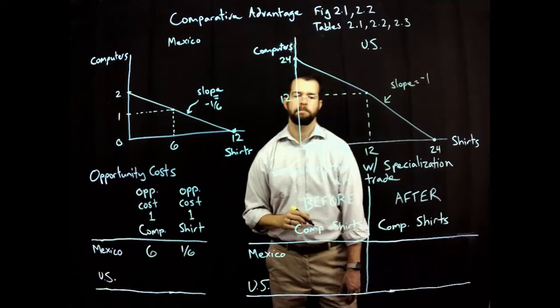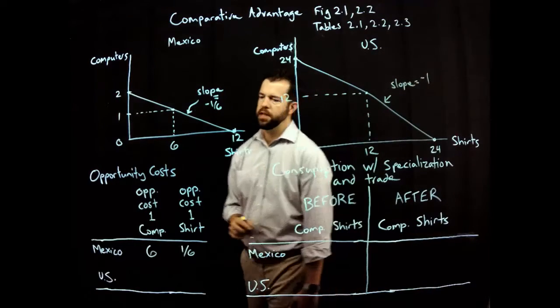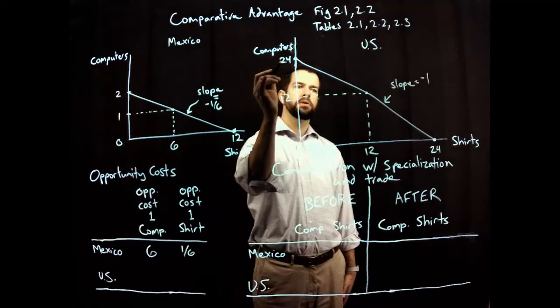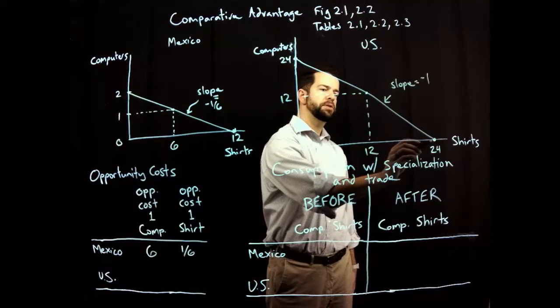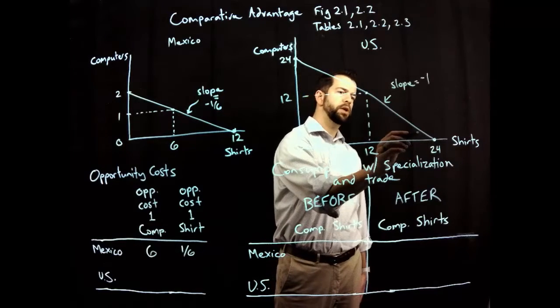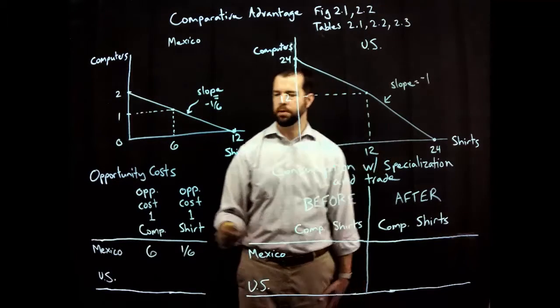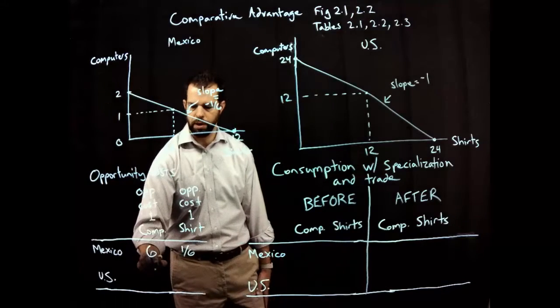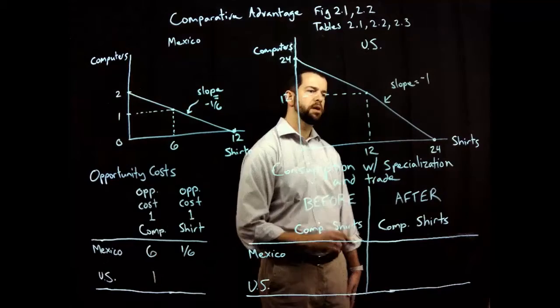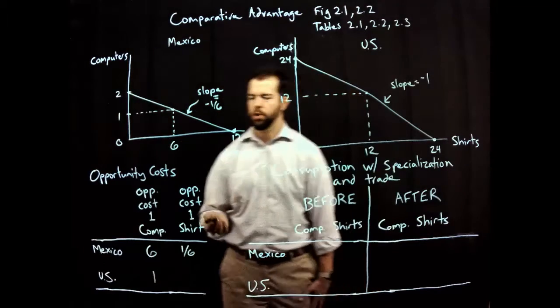For the United States, if they go from 24 shirts and 0 computers to 23 shirts and 1 computer, you can see that the opportunity cost of 1 computer is 1 shirt. And the opportunity cost of 1 shirt would be 1 computer.